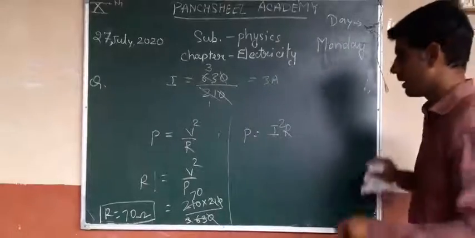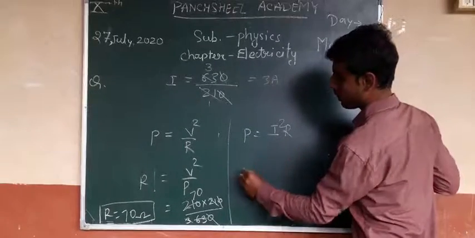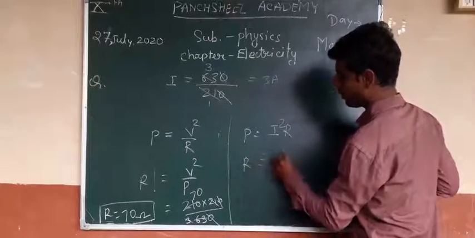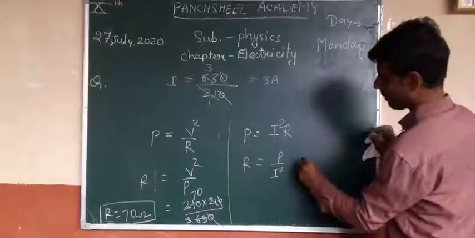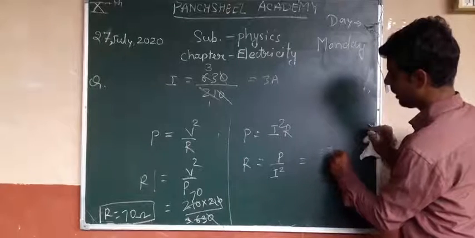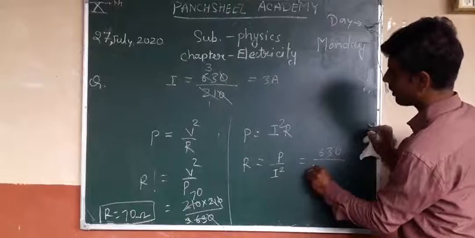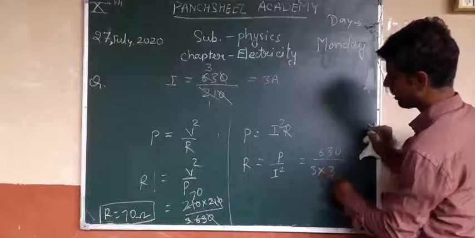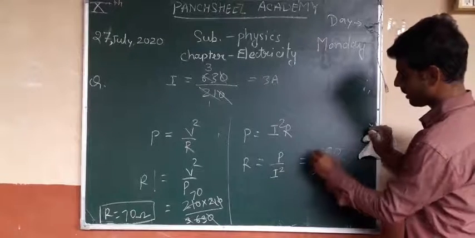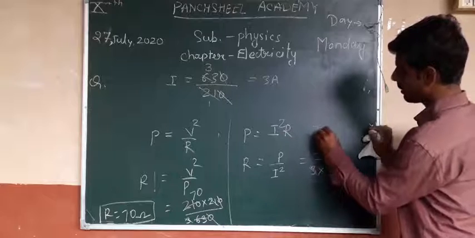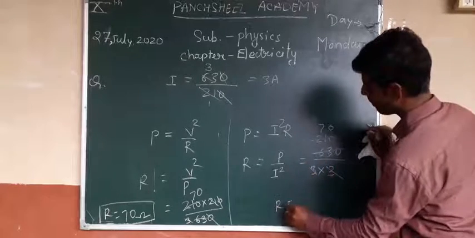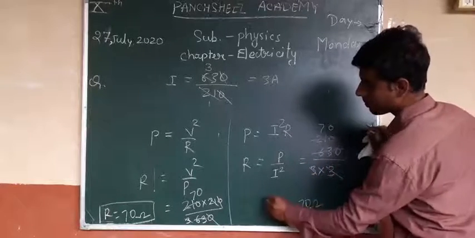Okay, and we have another formula: R equal to what? P upon I square. Okay, so P is 630 upon 3 into 3. Okay, so this cancels, 210 and 3, so we'll get R equal to 70 ohm.